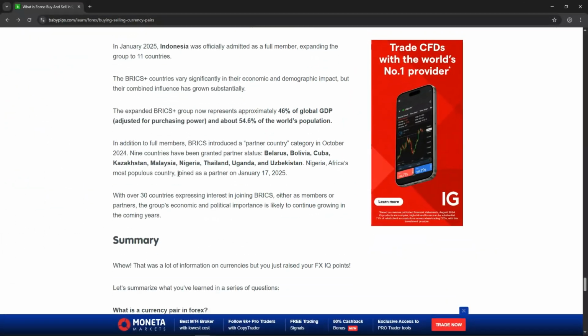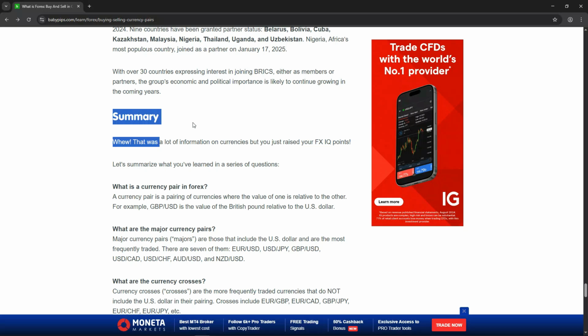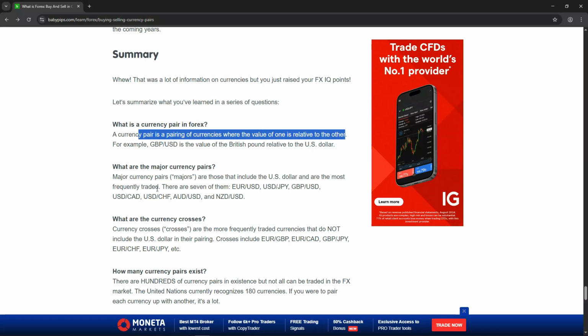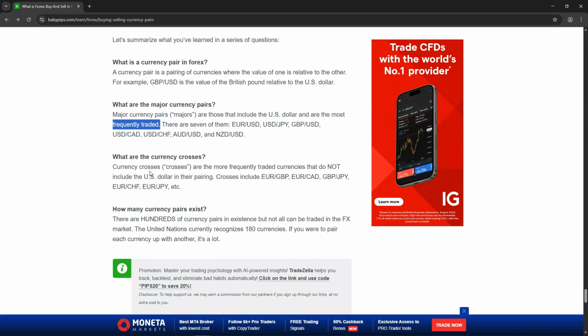Alright, let's quickly summarize everything we have covered. So in Forex, we trade currency pairs, which means the value of one currency is compared to another. And the most important pairs are the major pairs, which all include the US dollar and are the most frequently traded and also most liquid. Then we have cross pairs, which don't include the US dollar but are still widely traded.